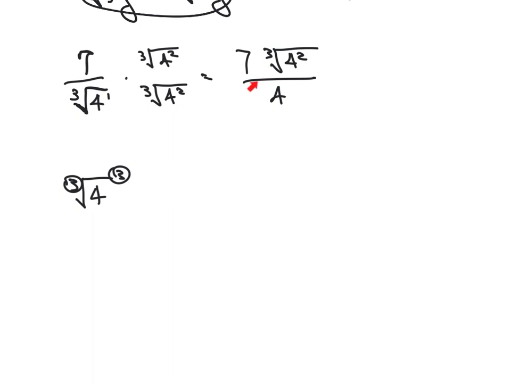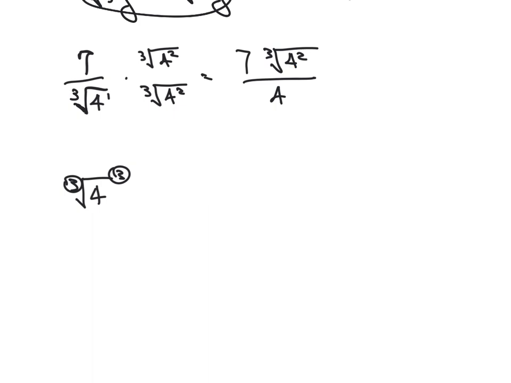All right, so now we're not done yet because we still have kind of a mess up here. Sometimes you're left with that mess, but in this case, I see that this 4 squared is actually 16.